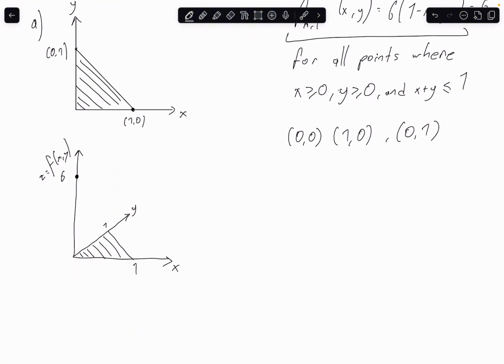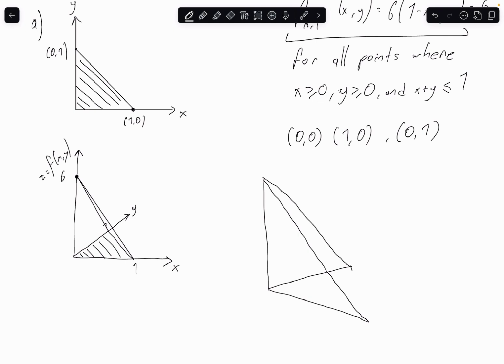So that's why we need to draw a line from here to here and then here to here. We will end up having a pyramid, exactly like this. This is our 3D region.